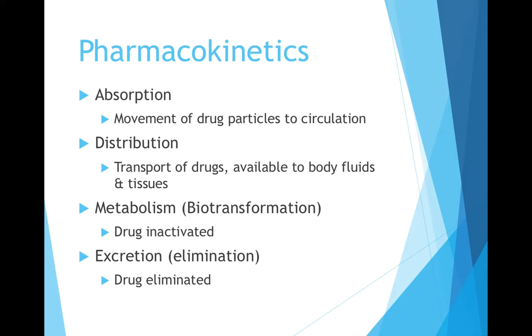So in pharmacokinetics, you'll see four major phases, including absorption, distribution, metabolism, and excretion. These four phases we're going to discuss individually, so I'm not going to read the definitions to you, but I do want you to be working in Chapter 2 in your textbook and Chapter 1 in the ATI. It gives you a really good summary of each of these phases of pharmacokinetics.